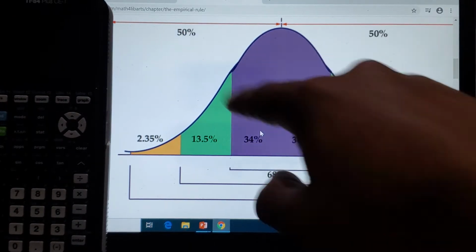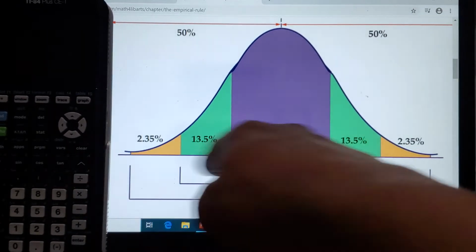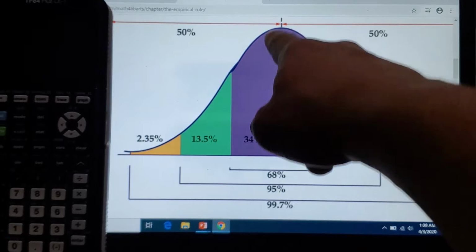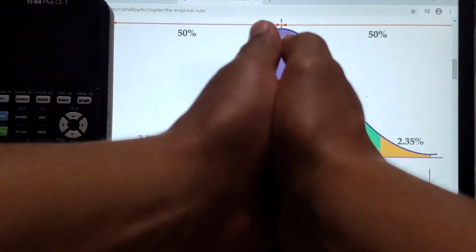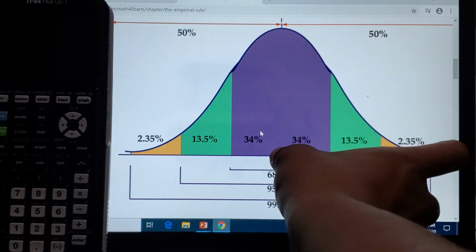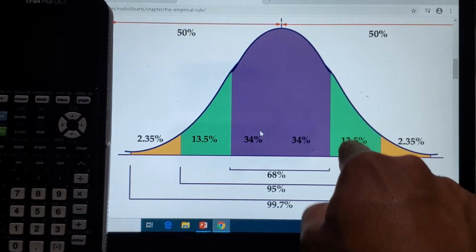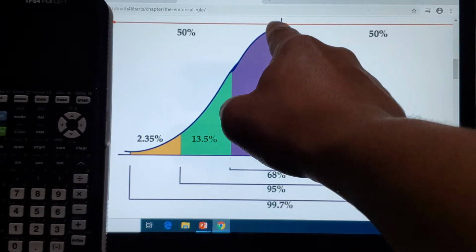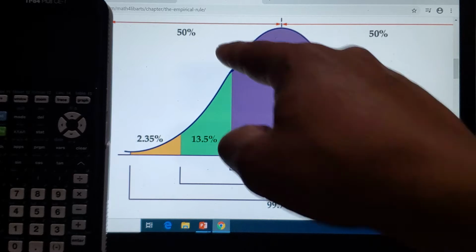And then here are these numbers up here. It's saying 50-50. The reason it's saying that is it's emphasizing the idea of being symmetric. If this is bell-shaped and symmetric, that means if you fold this in half, everything should line up. On this right-hand side is where 50% of your data values should be, and on the left-hand side of the mean, there should be another 50%.